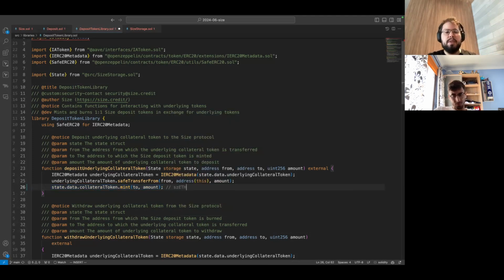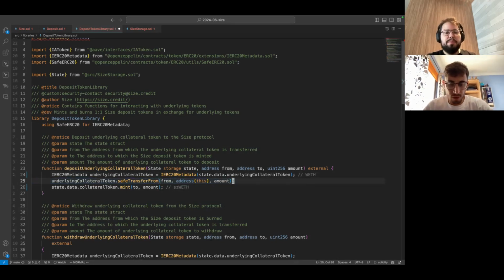So for example, here you deposit underlying, which is equal to Ether, or rather rep Ether, and then we do a transferFrom. So now rep Ether belongs in the Size contract, and then we will mint you size Ether.